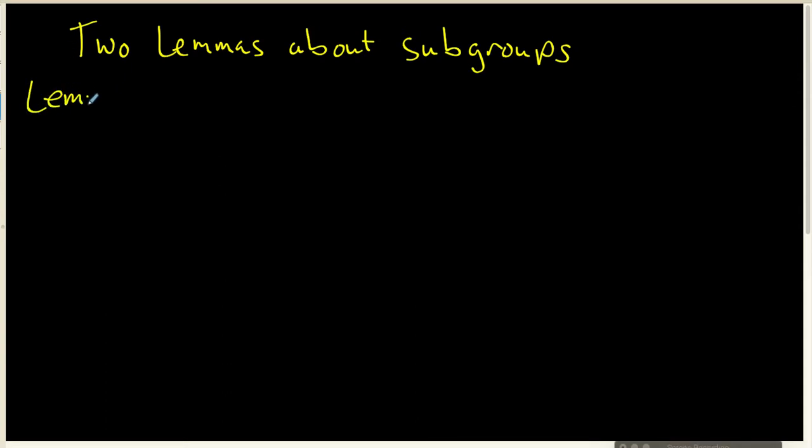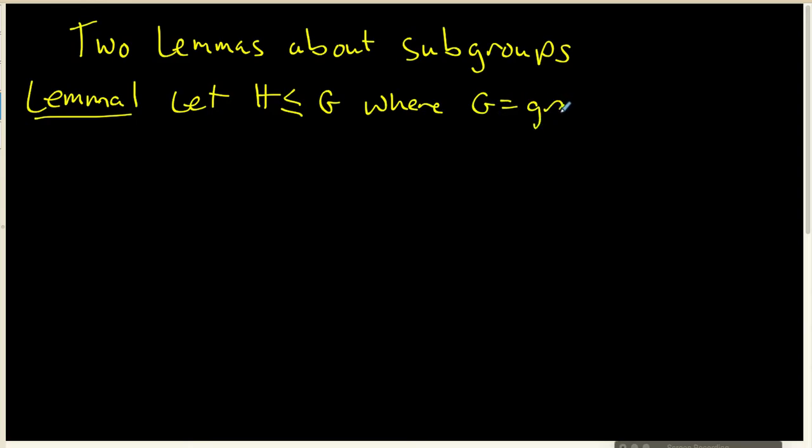So our first lemma says this: if I let H be a subgroup of some group G, then the group identity inside G has to belong to H. And here's how the proof is going to work.